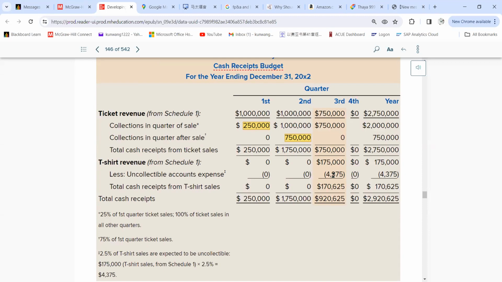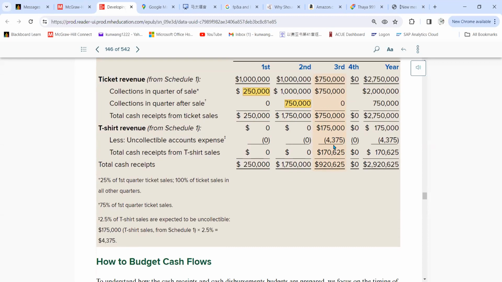Also in the third quarter, we have the t-shirt sales, given consideration of the uncollectible accounts. I just wonder why. I think the t-shirt sale is an on-the-spot sale, right, with credit card or cash payments, but they still estimated 2.5% of bad debt from the schedule.